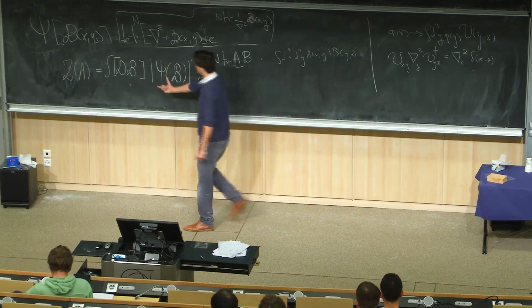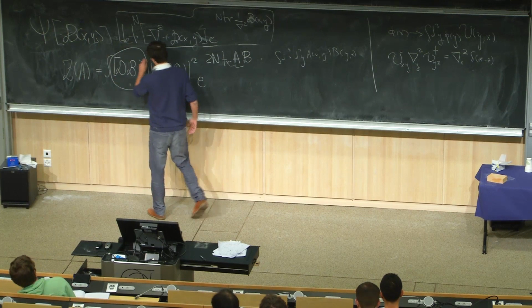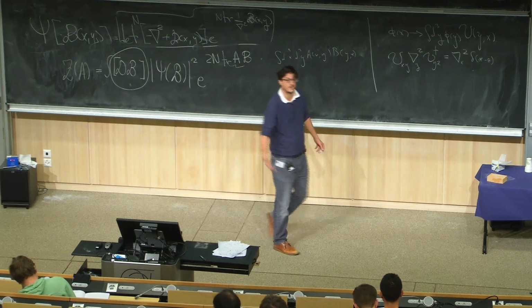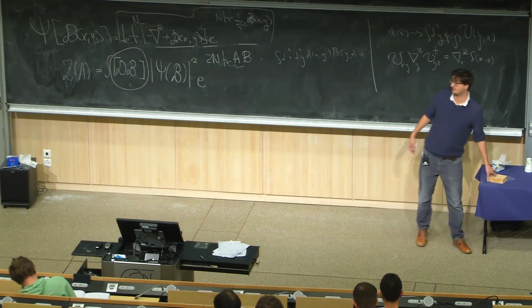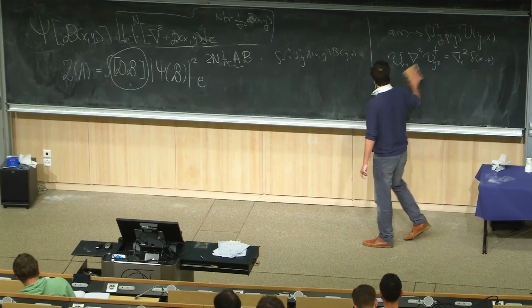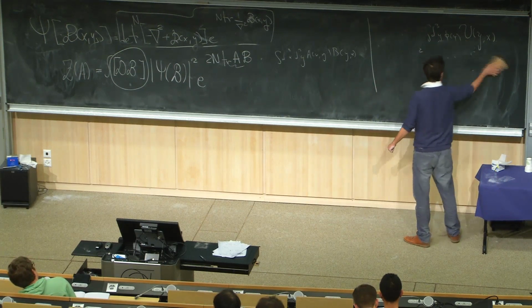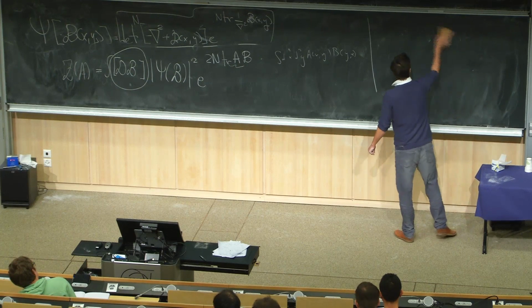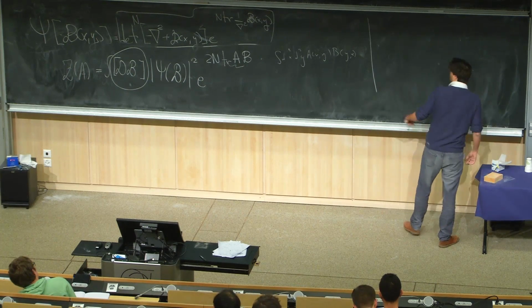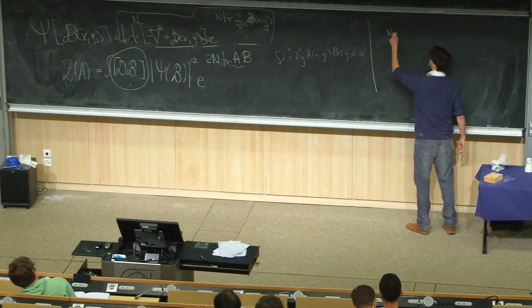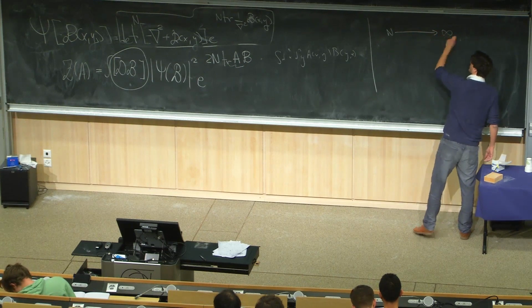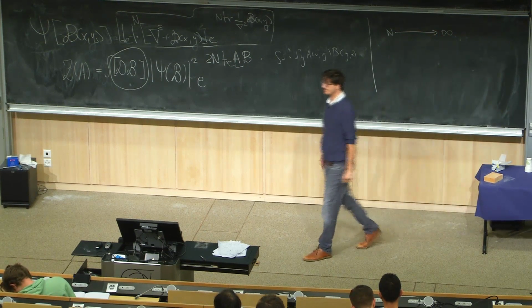So let's try to calculate this. And already here we see the puzzle that, in order to calculate this, I have to tell you what the measure of integration is, not just the wave function. So we're already confronted with the problem. But what we're going to do here is first do the calculation in a saddle point approximation.